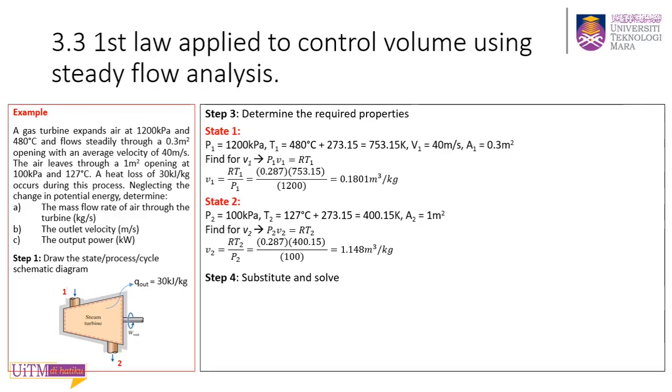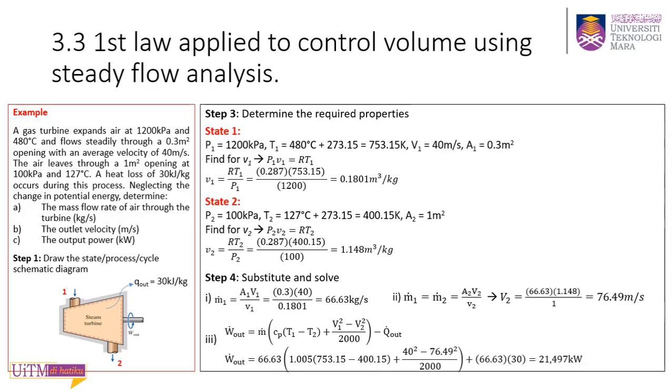And for step 4, substitute the required values and solve for the question. For mass flow rate, the answer is given as 66.63 kilograms per second. For exit velocity, V2 equals to 76.49 meter per second. And for net work output, the answer is 21,497 kilowatts.